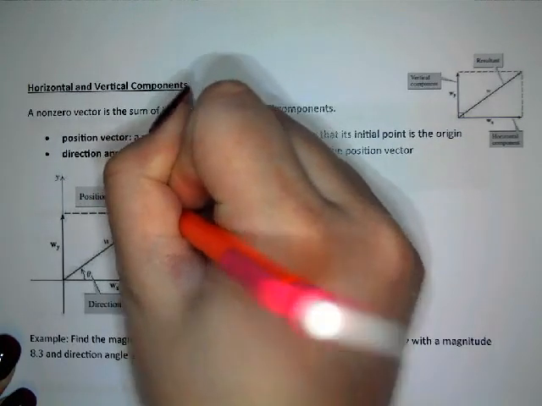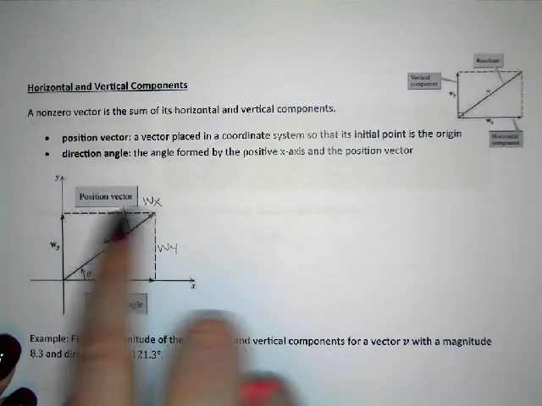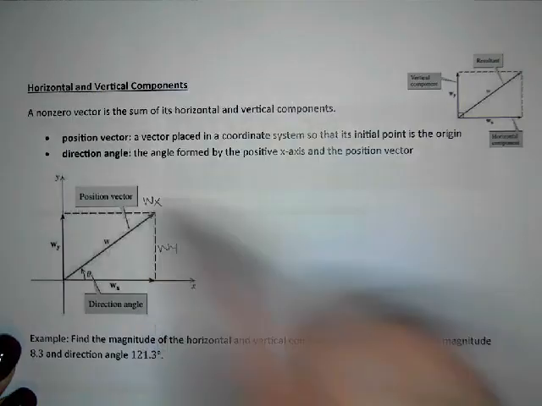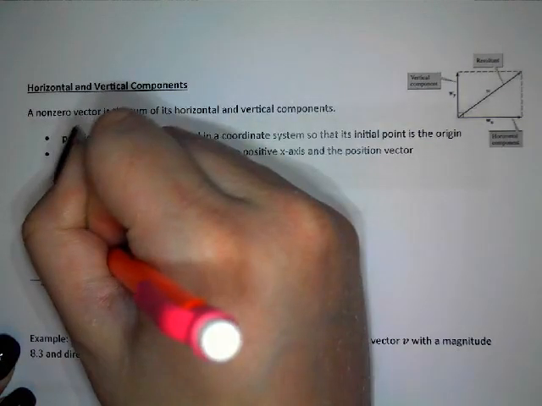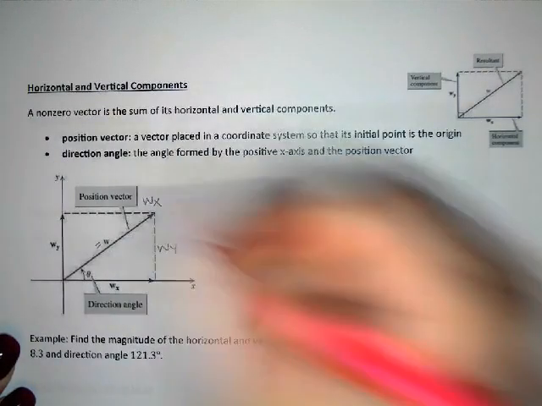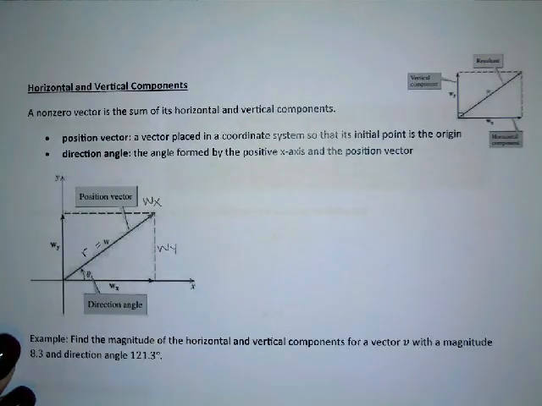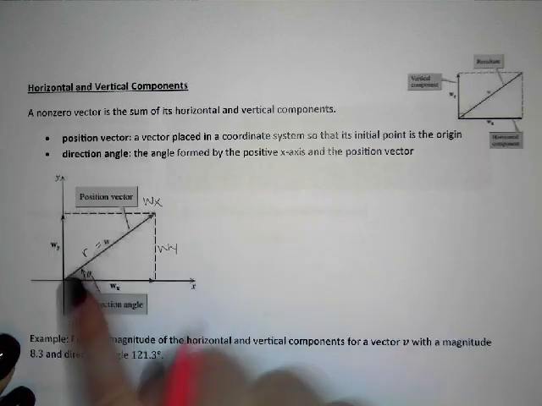That length is w sub x, and then here this is the resultant vector, and I'm just going to label here, for the sake of the formulas we're about to write, that r is the magnitude of this vector. And remember, magnitude is just the length, okay?